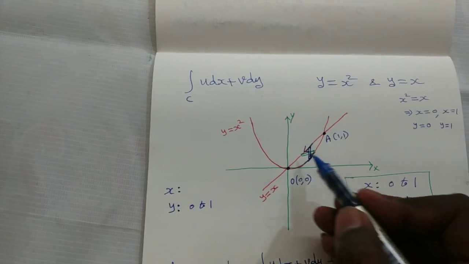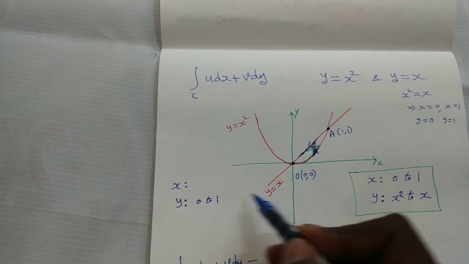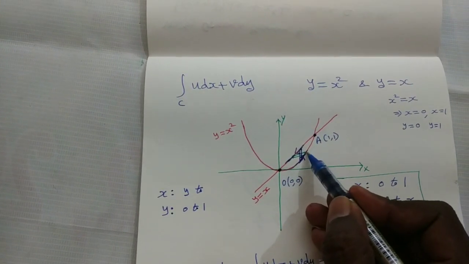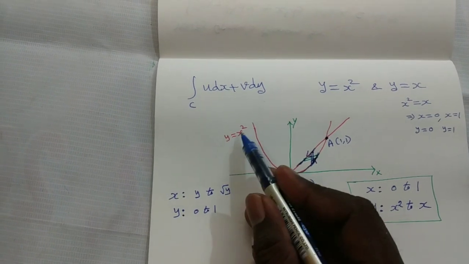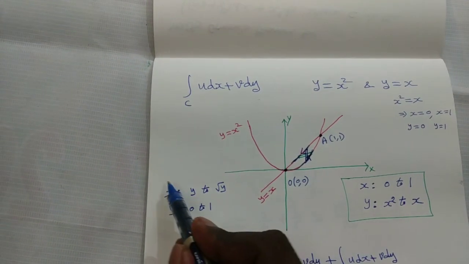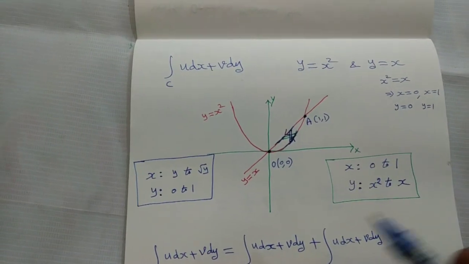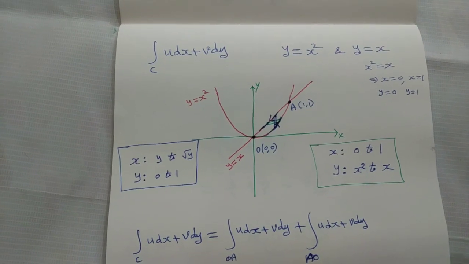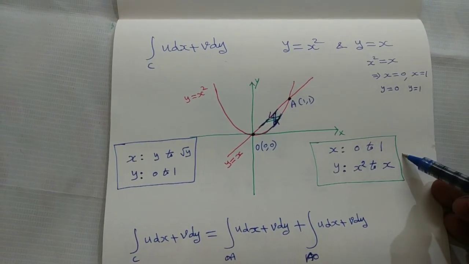For the x limit, the strip starts from the straight line, where x is y, and ends at the parabola, where x is root y. So this is the limit for the horizontal strip. You can use either limit for the integral and you will get the same answer. But in this problem, I am going to take the vertical strip limit.